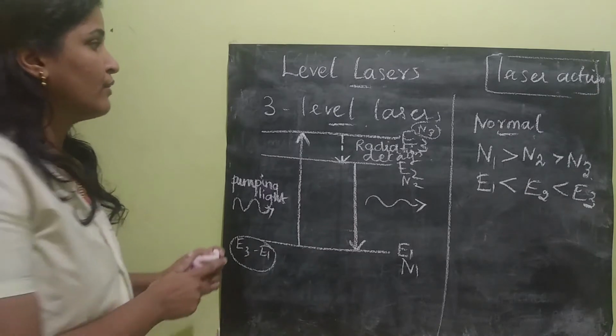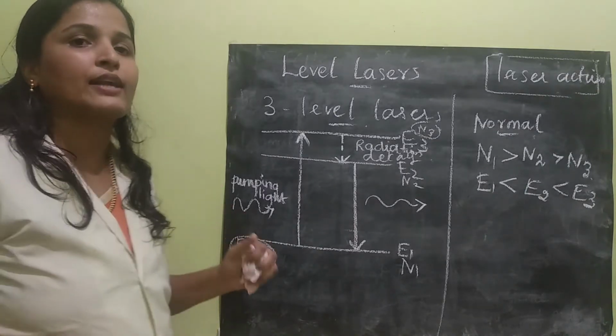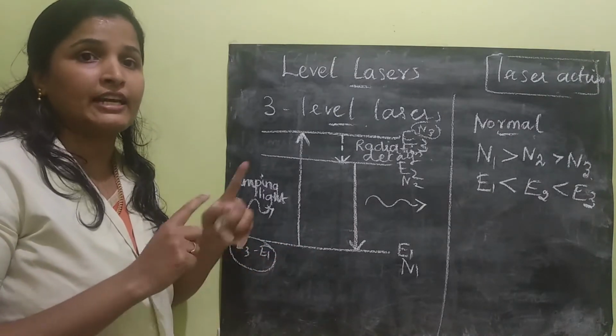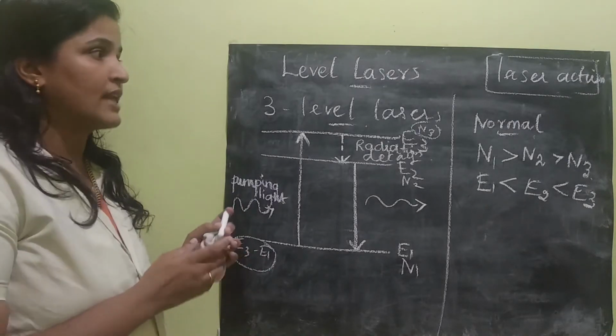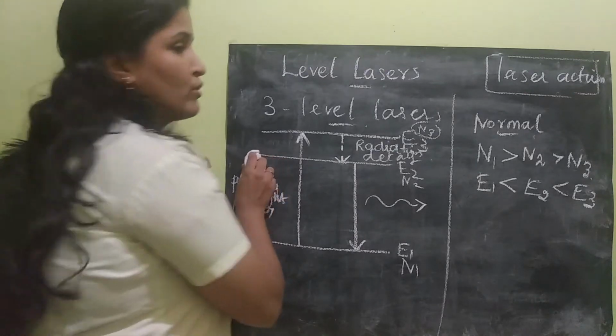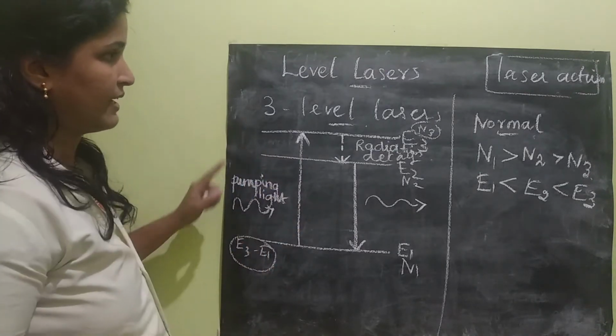We have one more 3-level type of laser, which is the quasi 3-level laser. We'll see that, and then again go to the 4-level laser.